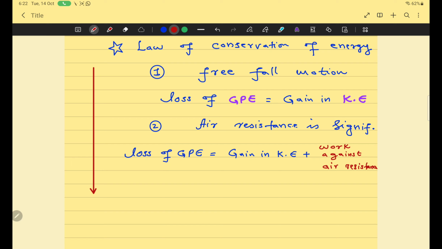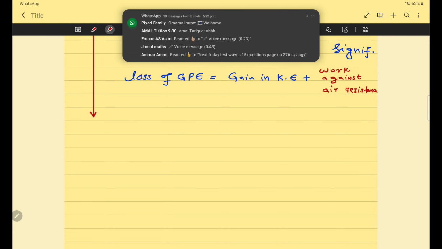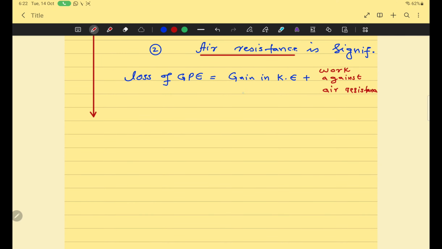Okay, so if an object is falling down, then it is losing potential energy, it is gaining kinetic energy, and there is work against air resistance. But you know, if an object is falling down through air resistance, then the object attains terminal velocity.